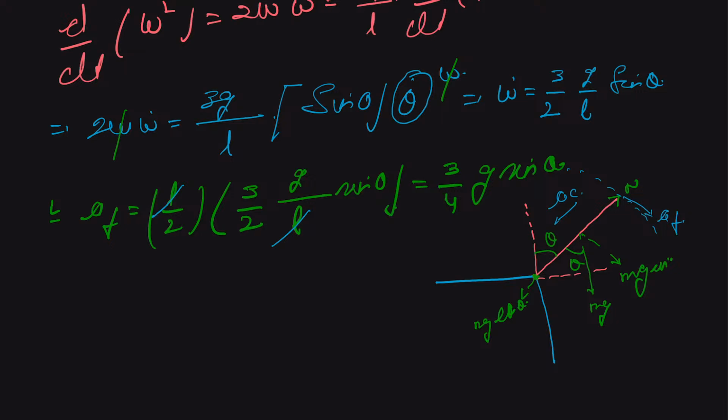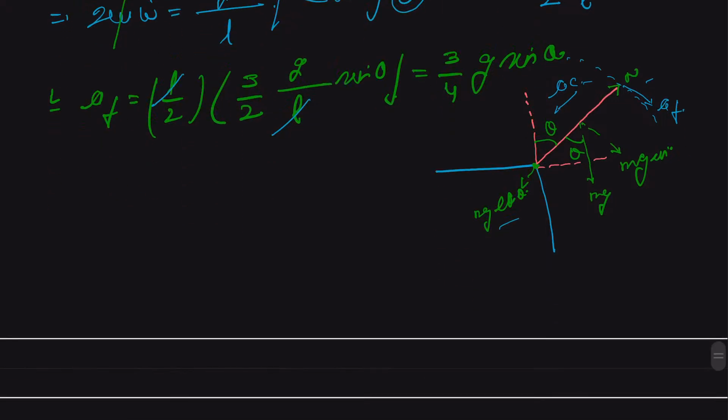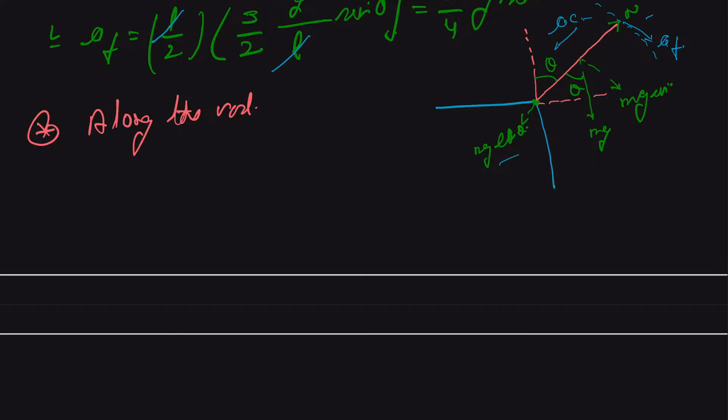And we are mainly interested in our normal equation part, and therefore we can say this normal minus mg cos of theta is going to give us the centripetal acceleration equation, or we can say our equation of the motion along the radial path, along the rod.